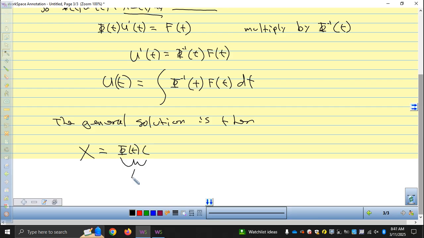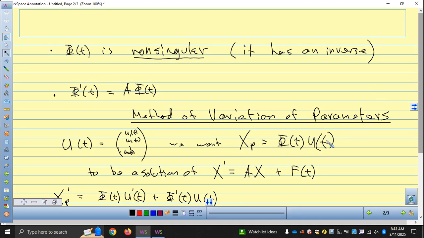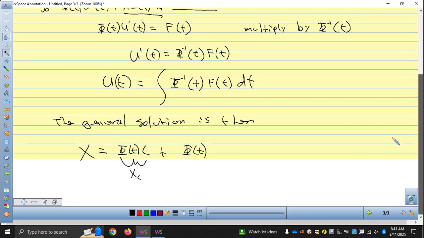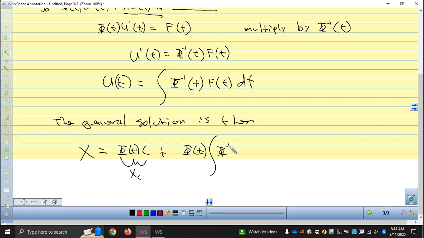This is our x of c, our complementary solution, plus phi of t, because we need to multiply this by our original matrix here to get our particular solution. Phi of t times the integral of phi inverse of t f of t dt.